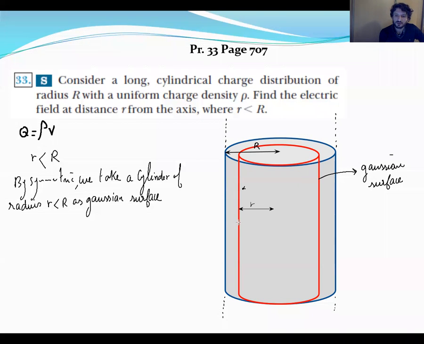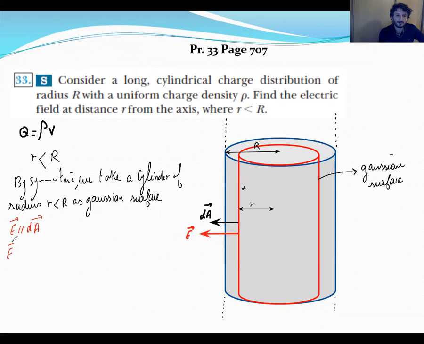Okay, here we have dA and E. It is a positively charged object, so here we have E. We have to say E is parallel to dA.